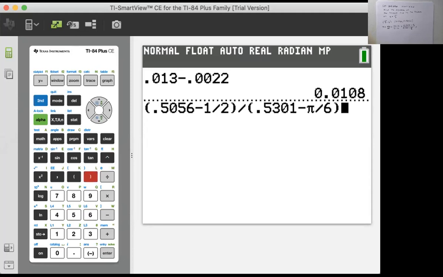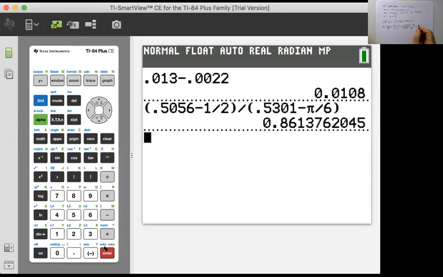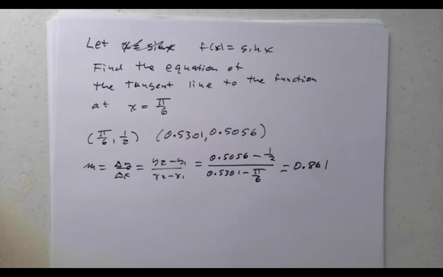And what is that slope that it gives me? About 0.861. Do we recognize that number from anything? Let's go with 3 decimal places, 0.861. Eventually, we will formalize this. But okay, so we have a slope here of about 0.861.